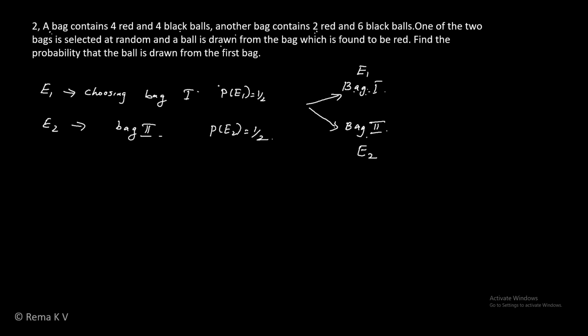So you can always verify whether this is correct or not. Add these two, you will always get 1. Probability of E1 plus probability of E2 will be equal to 1.